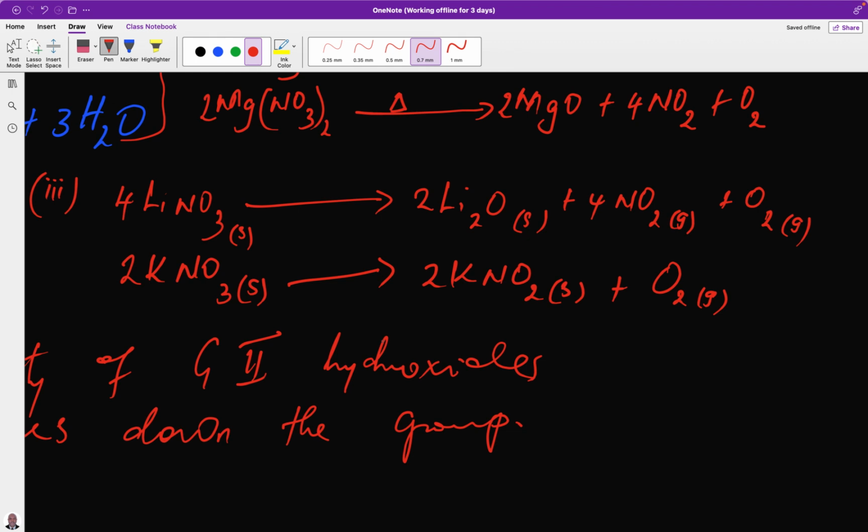Potassium nitrate will give KNO2 plus oxygen. So at the end of the day, all of them will give oxygen.